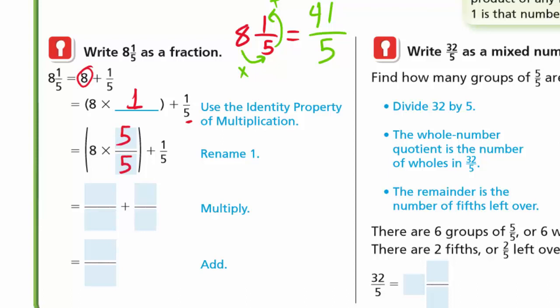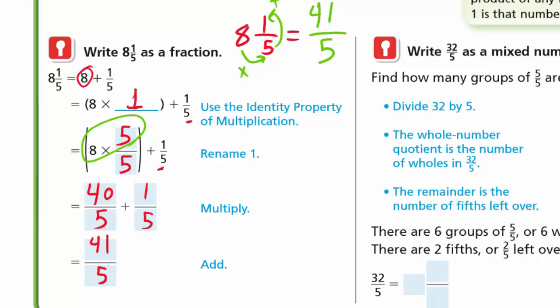The 1 we can make it 3/3, 4/4, 5/5. Whatever the number up is the same as the number down. So now we can multiply 8 by 5, which is 40/5, plus the 1/5. So we'll have 41/5.